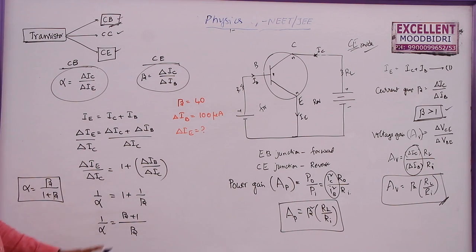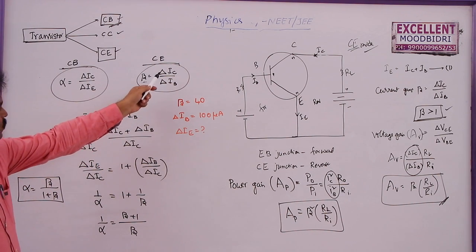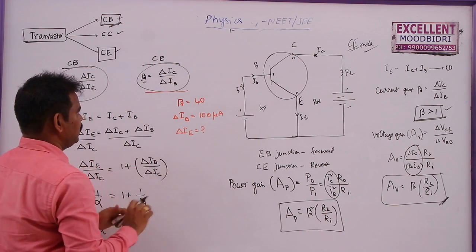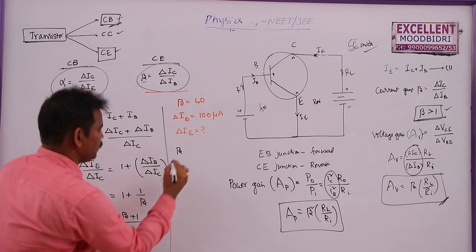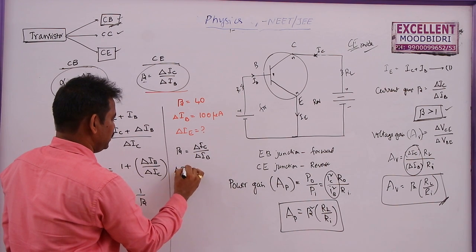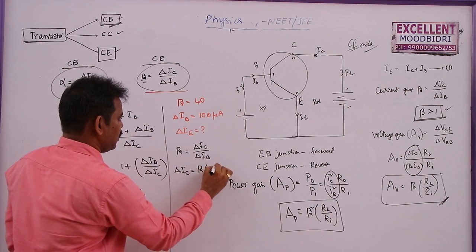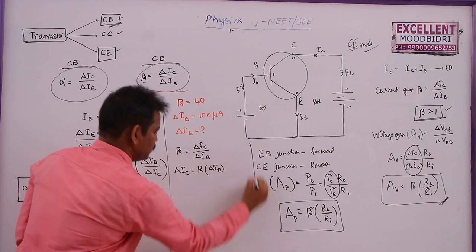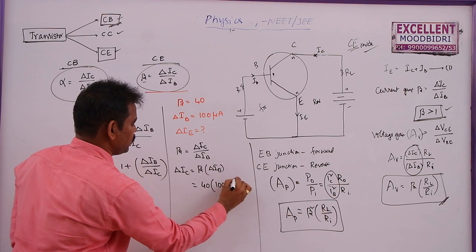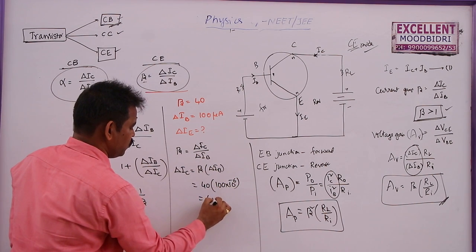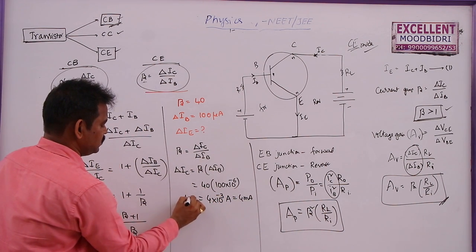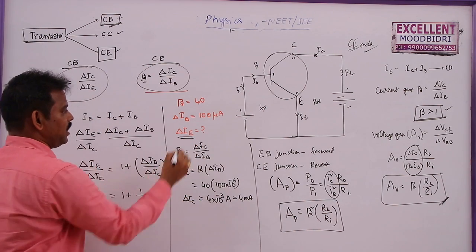First of all, as we know beta is equal to delta IC by delta IB, from this expression delta IC is equal to beta into delta IB. Beta is 40, and this is 100 into 10 power minus 6 amperes. This is 4 into 10 power minus 3 amperes, or 4 milliamperes. This is delta IC.